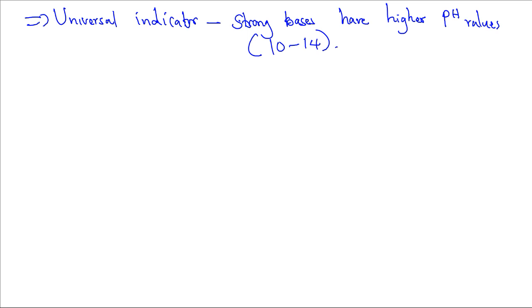Reason being that they have many hydroxyl ions and few hydrogen ions. Remember, pH is about potential hydrogen. So when the number of hydrogen ions is very few, then the pH value goes higher. So they have many hydroxyl ions, and that is why their pH value is high.